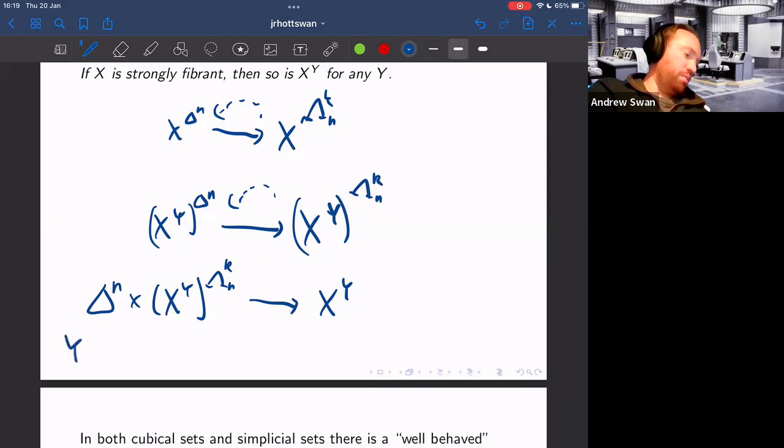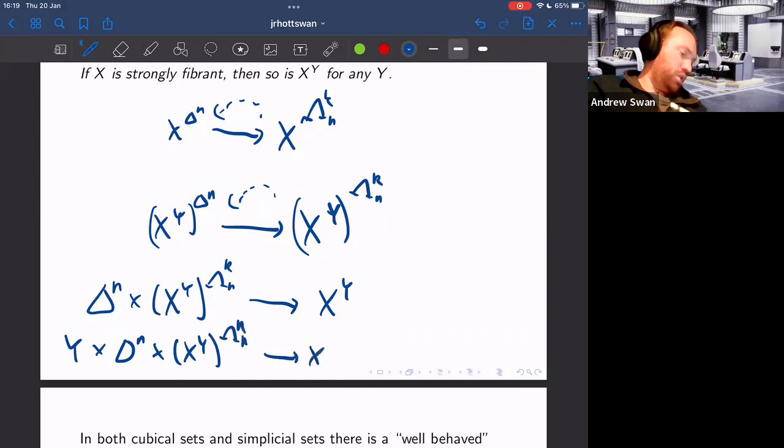And then this is the same as, again, applying the adjunction between the exponentiation and products. So this will be Y times delta n times X to the Y to the Horn to X. Okay, but then we notice that this is isomorphic to, well, we can just swap around the exponentials, and this tells us what to do.